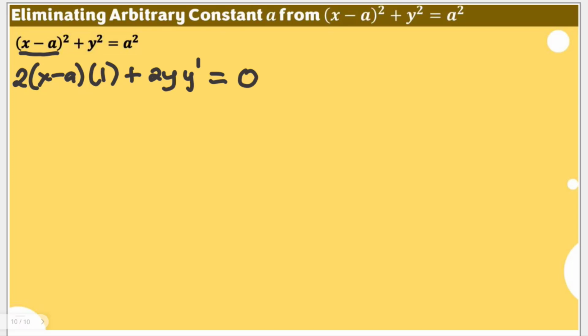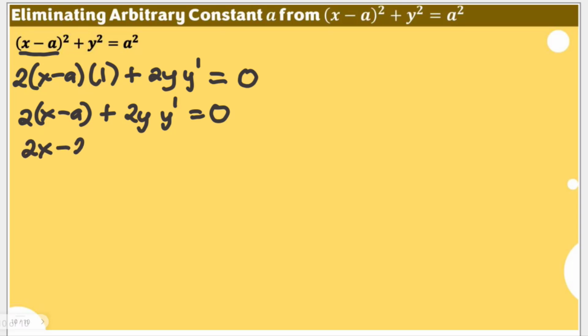Let's continue. Of course, you will have here twice x minus a plus twice y, and y prime equal to 0. Let's distribute 2, so you have 2x minus 2a plus 2y y prime is equal to 0. Take note that we are trying to eliminate a, so let's move the term with a to the right hand side.